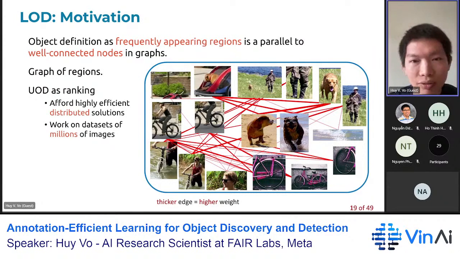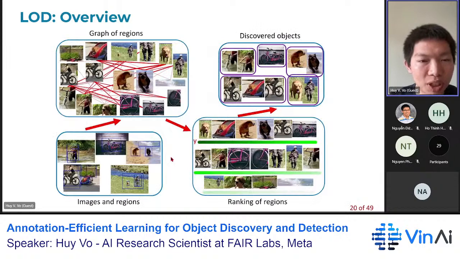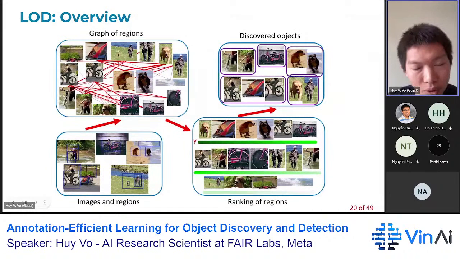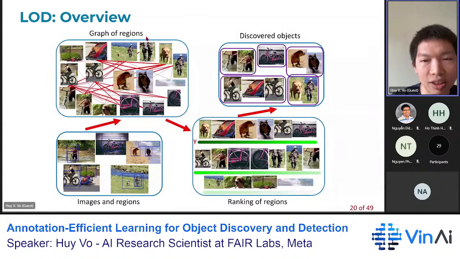Our pipeline is as follows. Like in OSD, we begin with a set of images without any annotation. And for each image, we have a set of region proposals. Then we build a graph of regions as described previously.